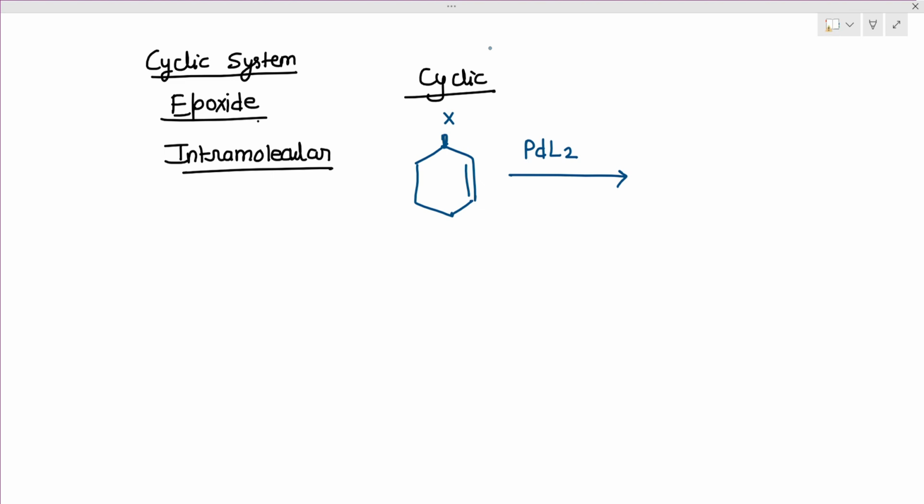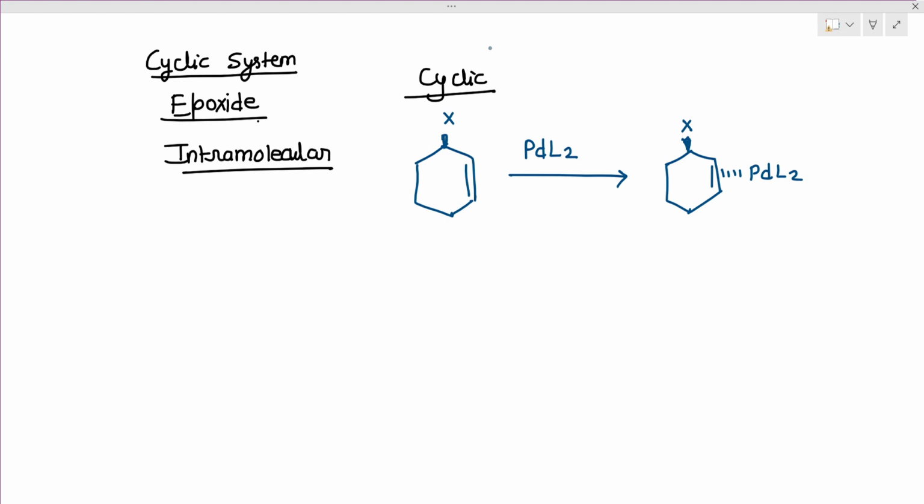Now this palladium complex will attack on this pi bond, so we are getting a pi allyl complex at this position. See here, this X is above the plane. So this palladium complex will attach below the plane because the reagent always goes to the side where there is space. So this will go to the below-the-plane side.